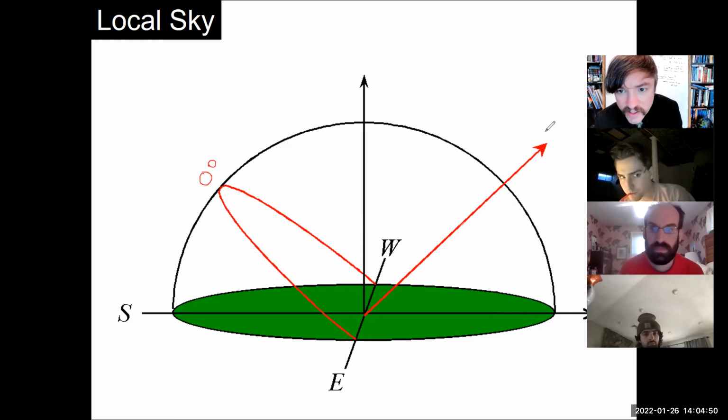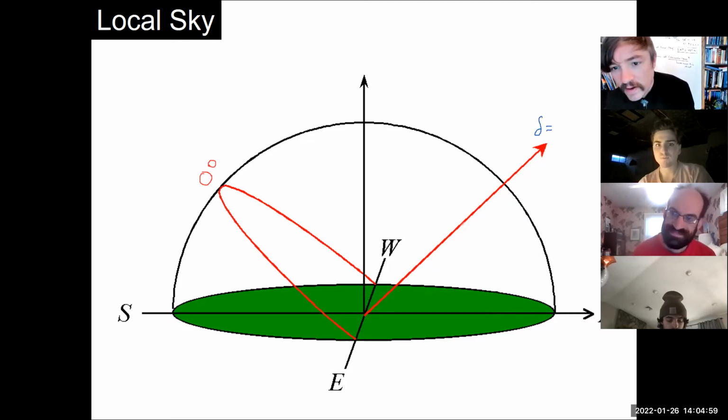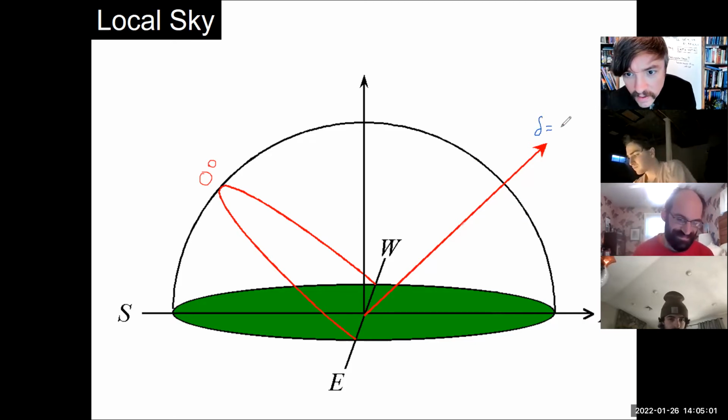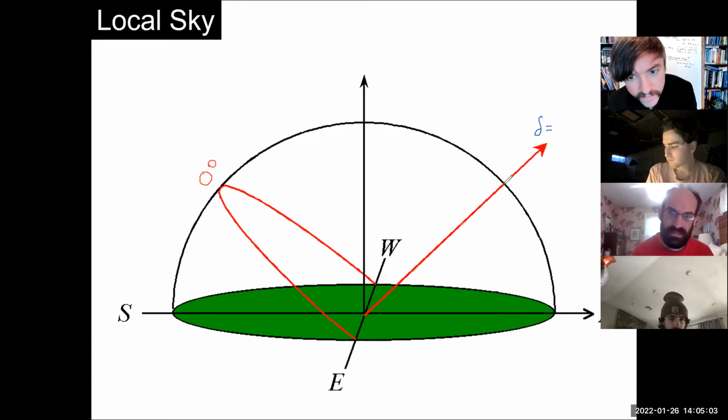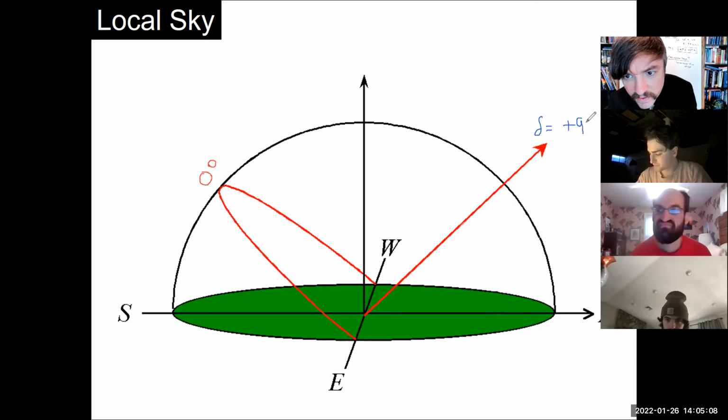What's the declination of the North Celestial Pole? Sometimes I use delta for declination. Looks like a little musical note. Positive 90. Yeah, because it's your degrees above or below the celestial equator. Here's some tricky stuff.